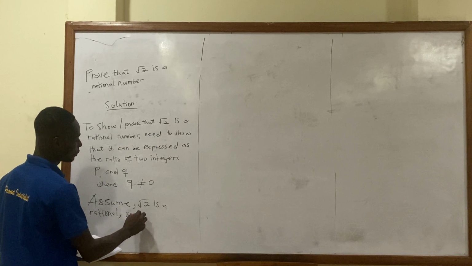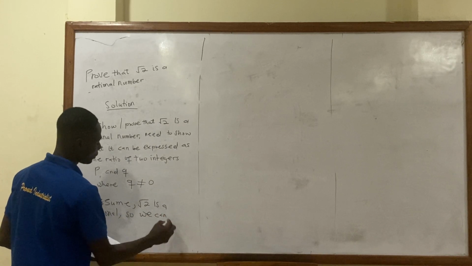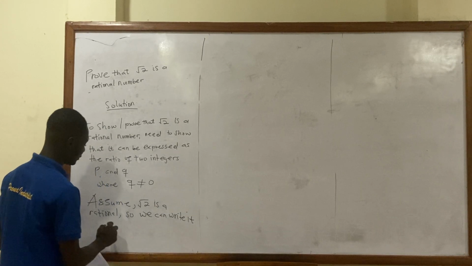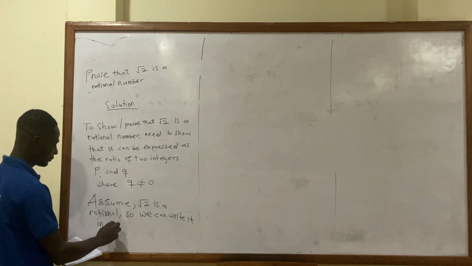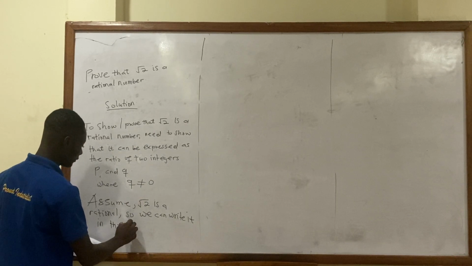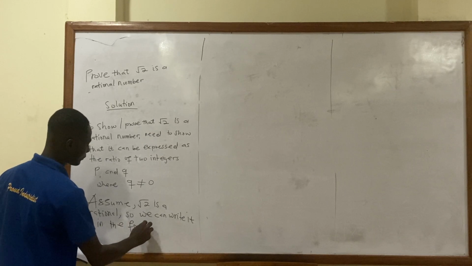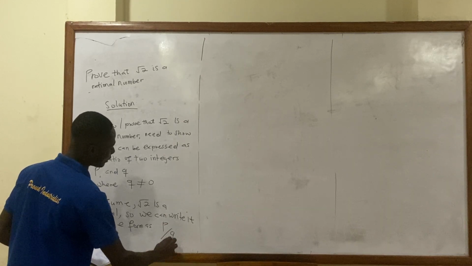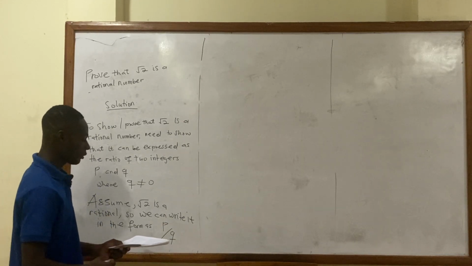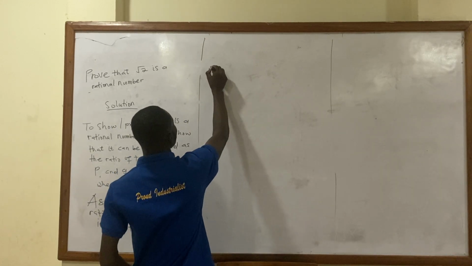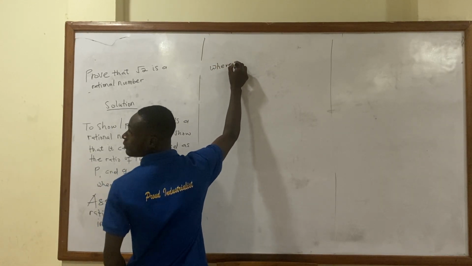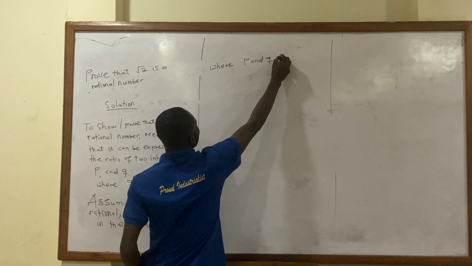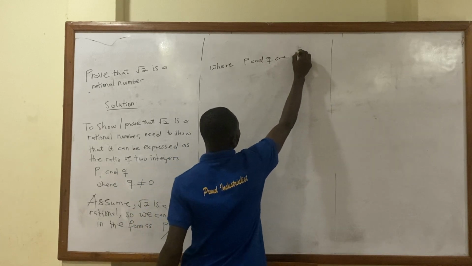So we can write it in the form p over q, where p and q are integers.